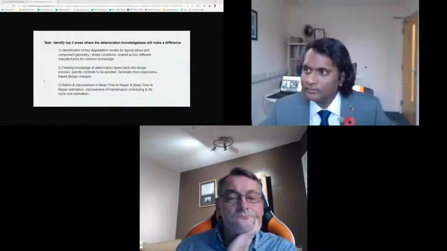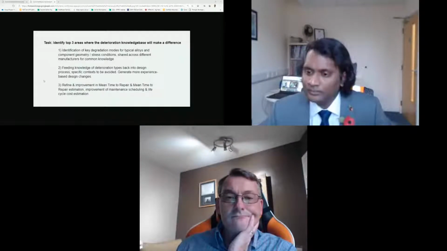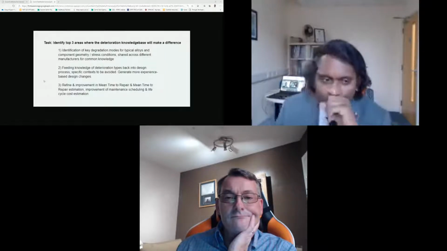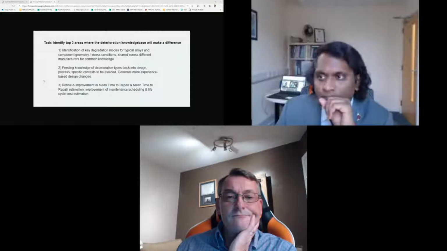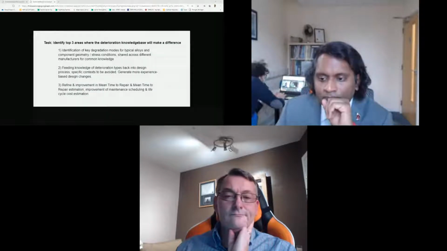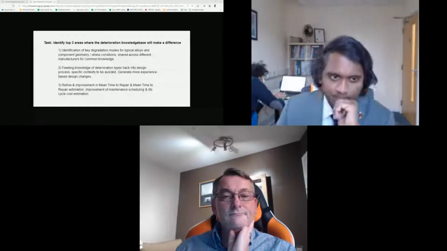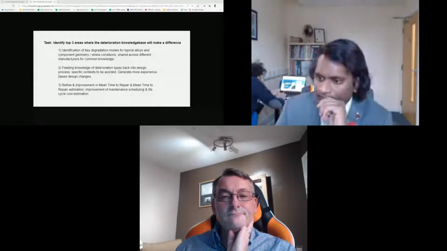If a degradation mode applies to a particular alloy under various stress conditions, or to different alloys, to different extents, but under the same type of stress condition, then that knowledge is useful, not just for one company contributing the information and distributing it amongst its affiliated organizations, but it's an opportunity for different companies to share the same lessons, so that they can all learn and benefit from the same exercise.